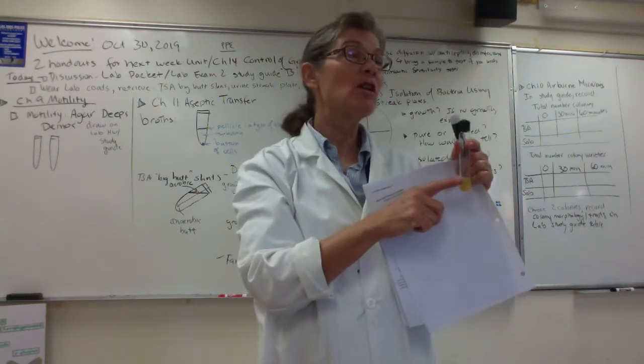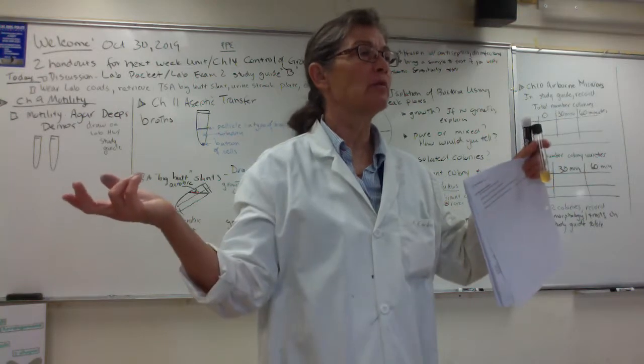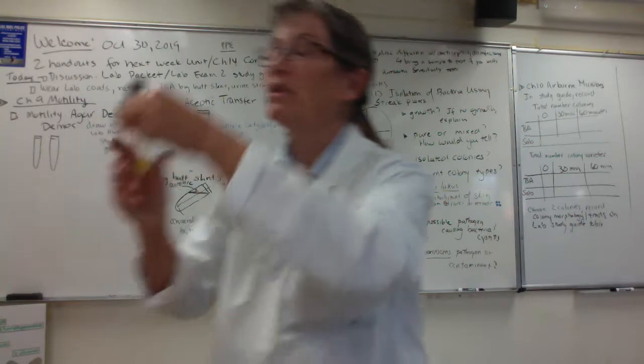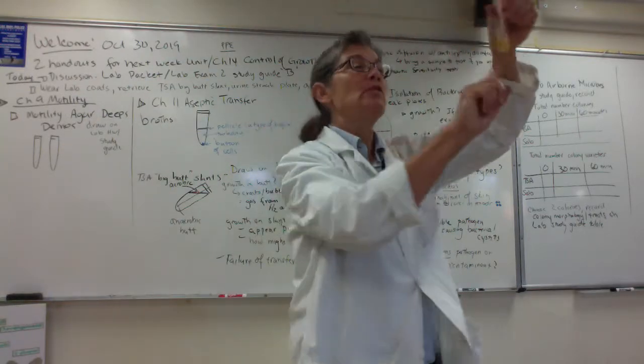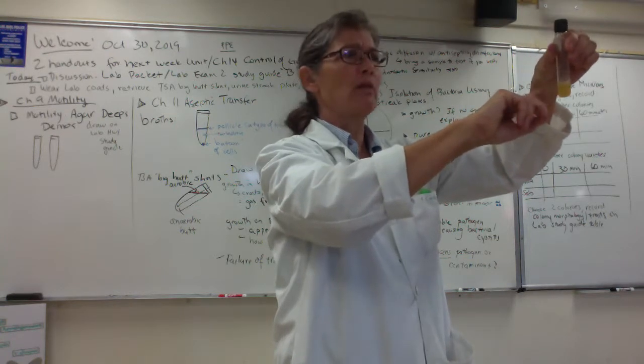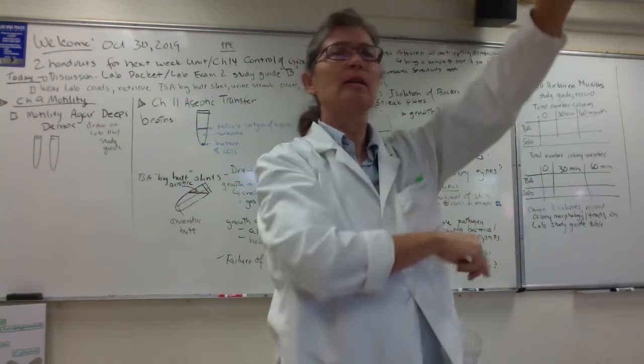And you think, oh no, I had a failure of transfer, right? My microbes didn't grow. But before you give up, always take a look at the bottom and always just gently mix. And you might see, oh, I do have really good growth. They just all settle to the bottom, okay?